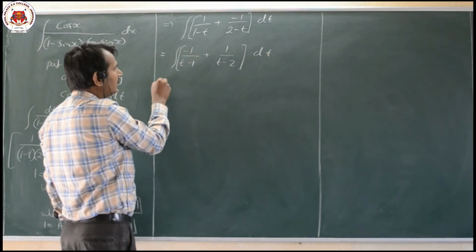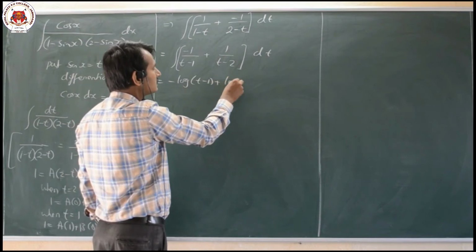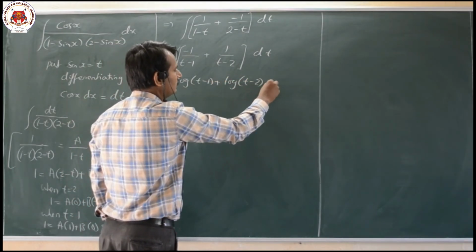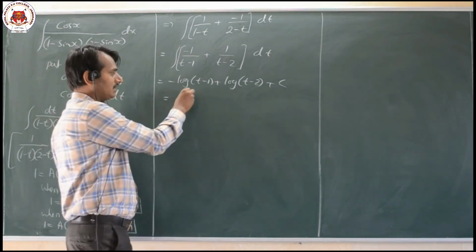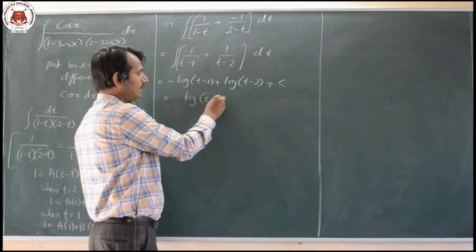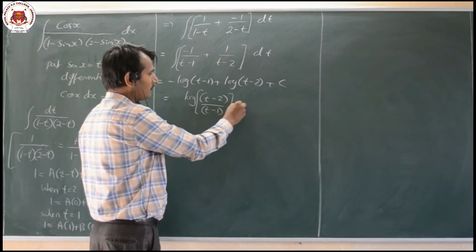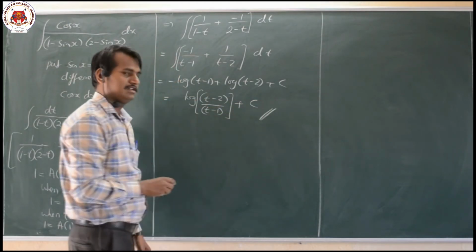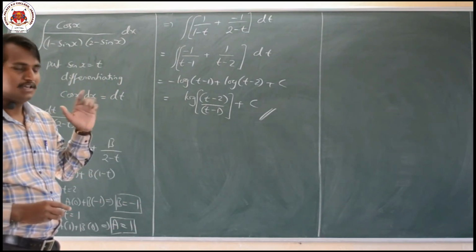Now that integration will be minus log of t minus 1 plus log of t minus 2 plus c, which is equal to log a minus log b. That means we get log of t minus 2 divided by t minus 1, plus an integral constant c. That is nothing but our required very simple and easy example.